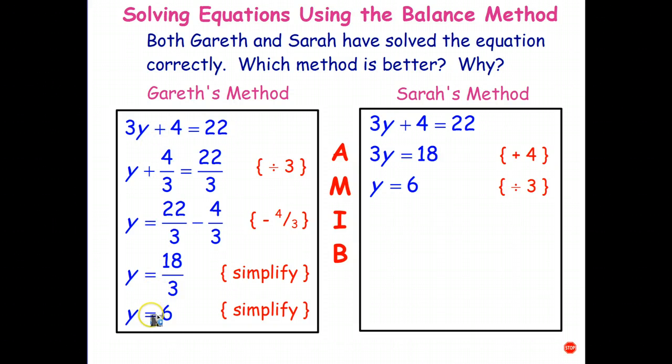He chose to divide everything through by 3 to start with. And there's Sarah's work, where she undid the order of operations in reverse and subtracted first. So that's not wrong, but it's unnecessarily complicated. If you use AMIB, the order of operations in reverse, to solve your equations, you'll find it much easier.